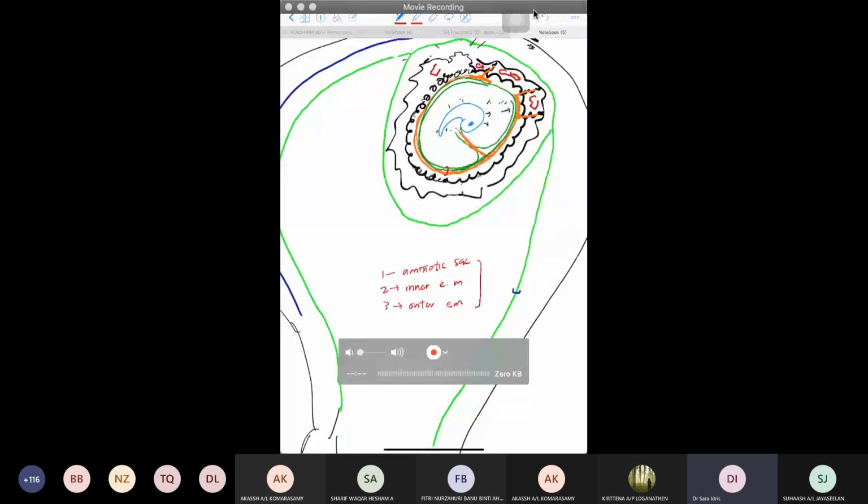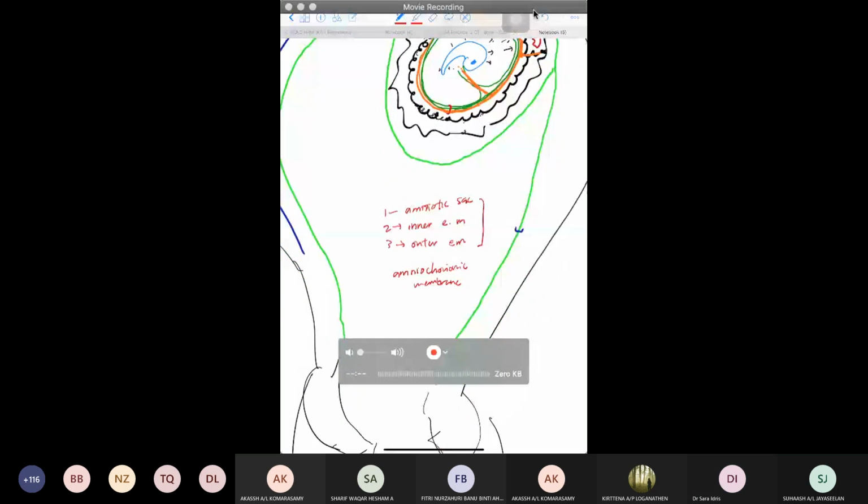So all of this will fuse together to form the amniochorionic membrane. Can you see that? Sorry. Okay, amniochorionic membrane. As the amniotic cavity fills up with the growing fetus as well as the amniotic fluid, it will grow so big to eventually push the inner extra-embryonic mesoderm towards the outer extra-embryonic mesoderm and therefore obliterate the chorionic cavity.